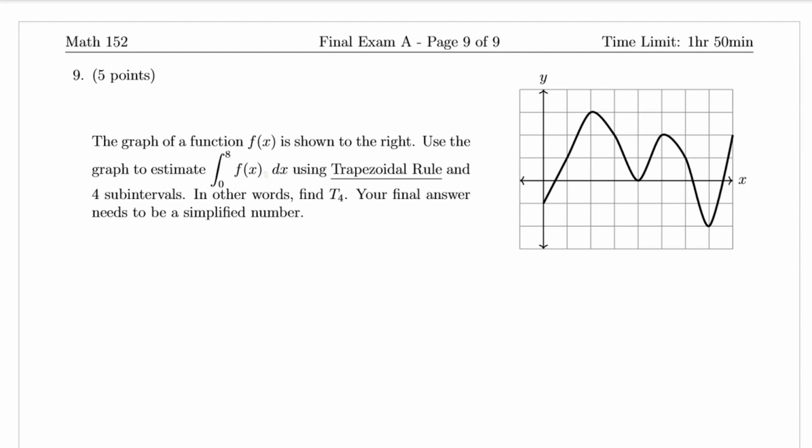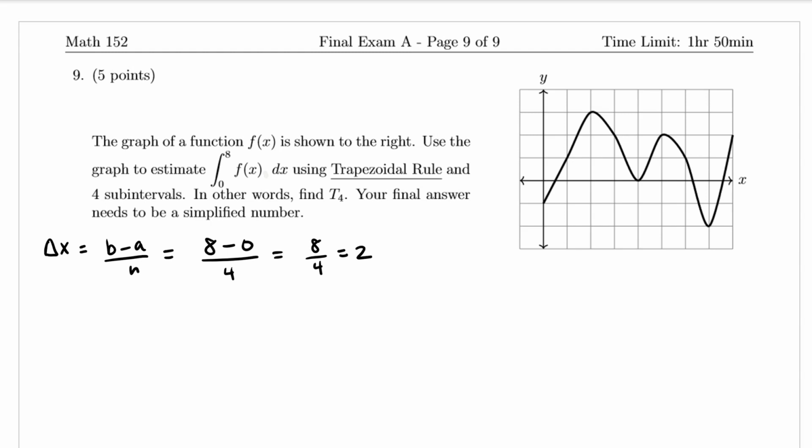So let's find delta x. I know that delta x in general is equal to b minus a over n. Our b value is 8, our a value is 0, and our n value is 4. So we have 8 divided by 4, which is equal to 2.